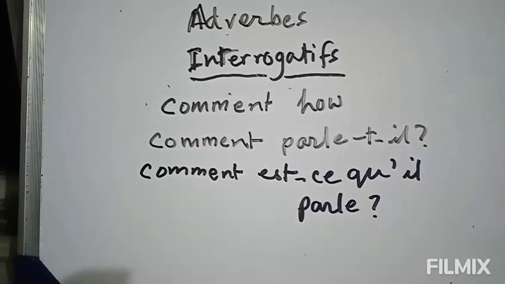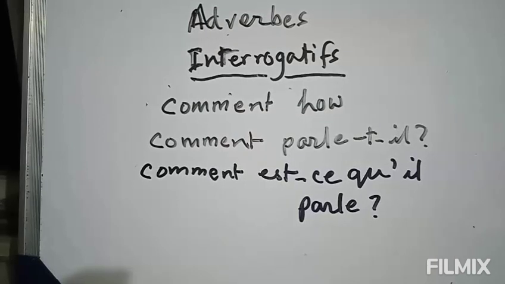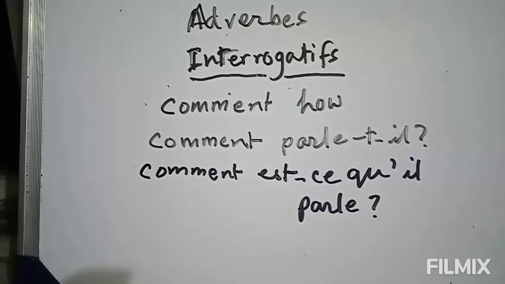The meaning is the same: how does he speak? Comment parle-t-il or comment est-ce qu'il parle? Any one you can use. These two examples have the same meaning. Please take down in your copy. And I am showing one by one.